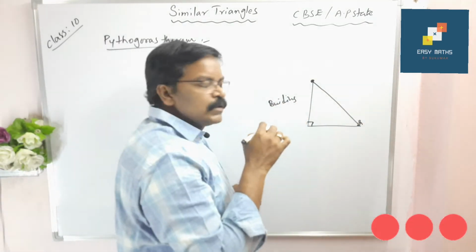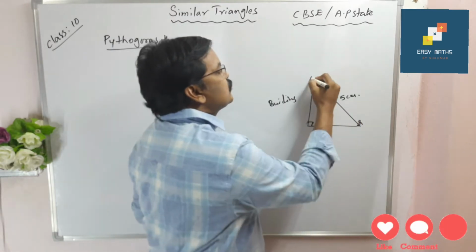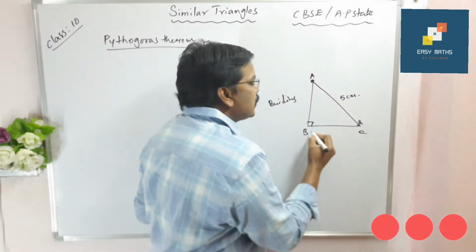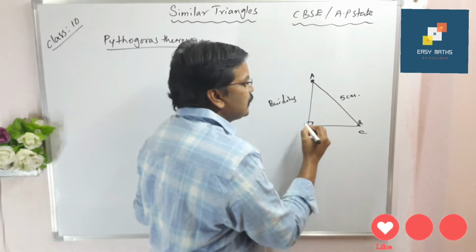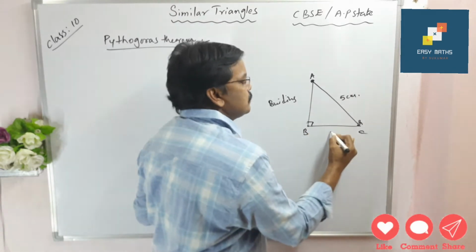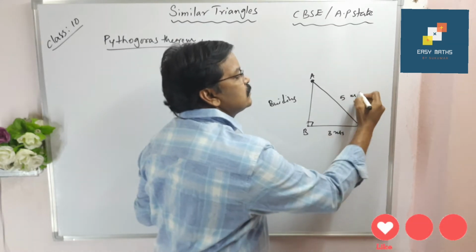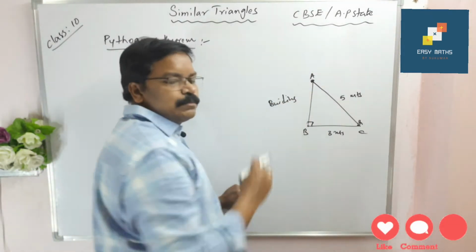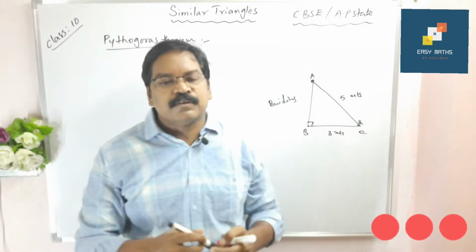You know the distance between A and C, and you already know the distance between you and the foot of the building, that is some 3 meters, also in meters. So how do you find this AB? That means, what is the height of the building? How do you find the height of the building?